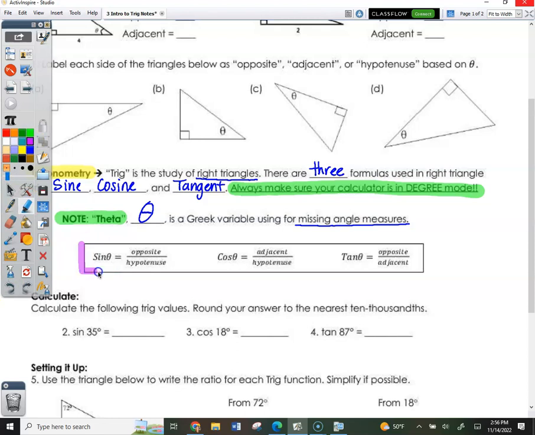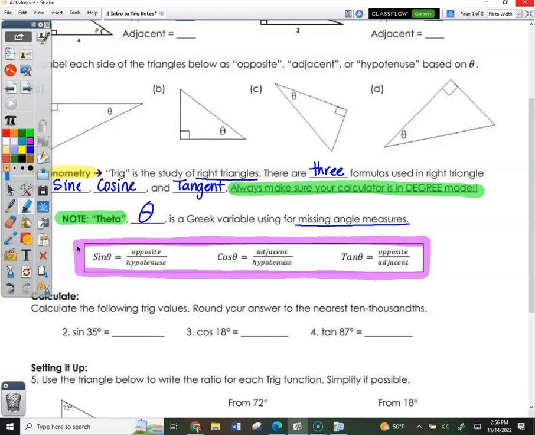Here are your three trig functions. Sine of theta, the way you read it. Sine, that is not sin, it's sine. It's a long I. Please don't call it sin.